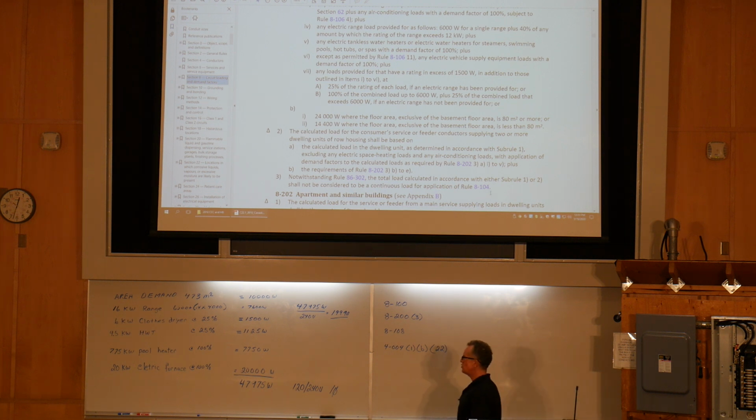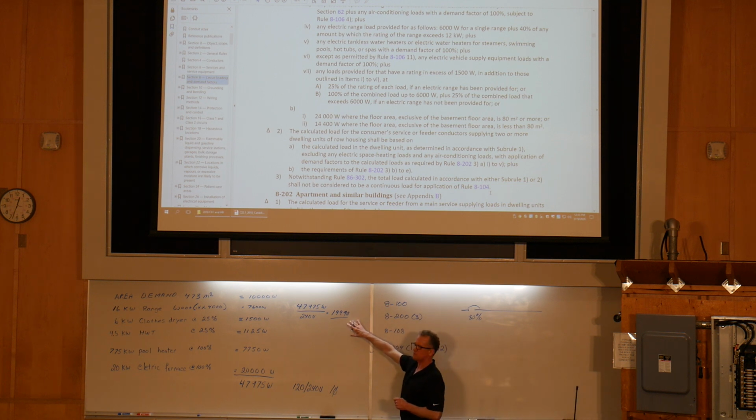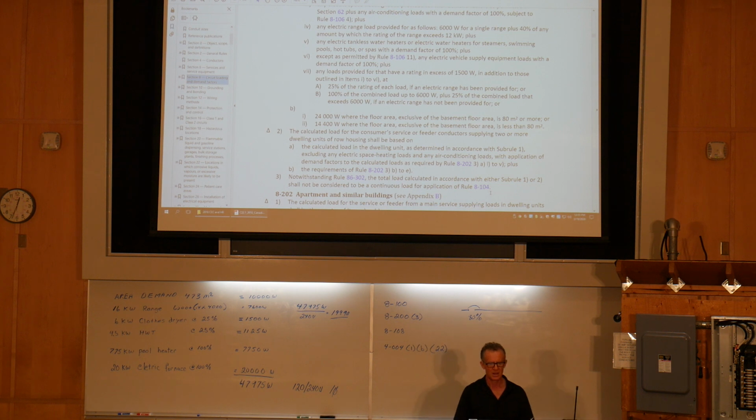So what that means is you don't have to worry about whether the circuit breaker is rated for 80% or 100% because it's a non-continuous load. If I have 199.9 amps of non-continuous load, and I could buy a 199.9 amp breaker, that's what I could use. There's no 80% loading, etc. You don't have to worry about it.